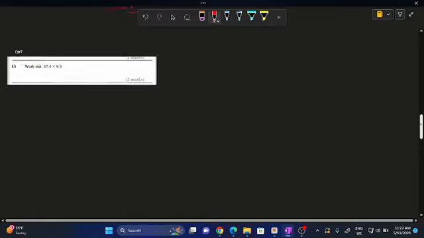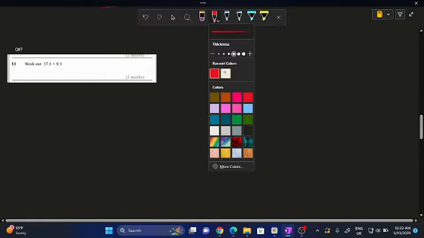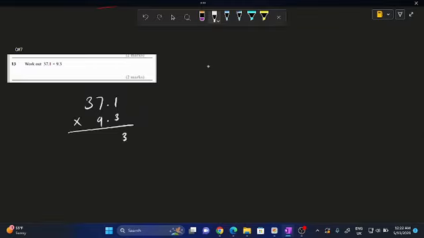Next is question number 13. 37.1 times 9.3. 3 times 1 is 3. 3 times 7 is 21. So 1 can be written, 2 can be taken as carry. 3 times 3 is 9. 9 plus 2 would be 11.